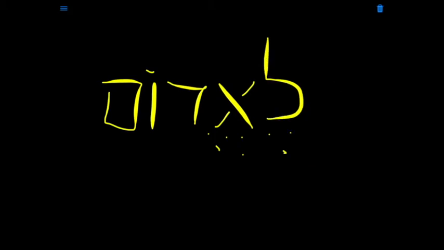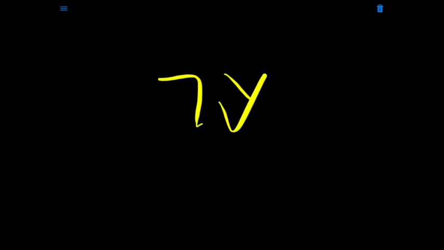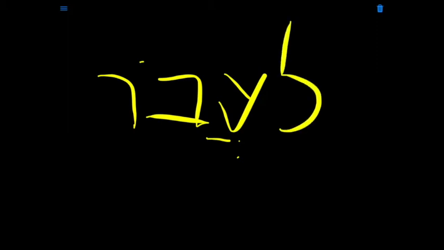Le'edom. I'll give you one more example, and this one uses a chatef pathach. So we take the word gavor. Again, we pop our preposition on the front, which would have that, but because of this, we have to lengthen that, and so it becomes a pathach, lakavor. The reason for this is it just makes it easier to say, so it's all about pronouncing it out loud.